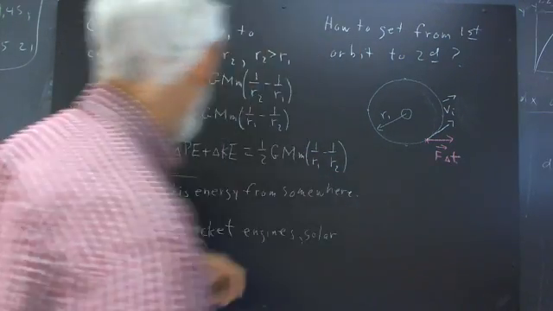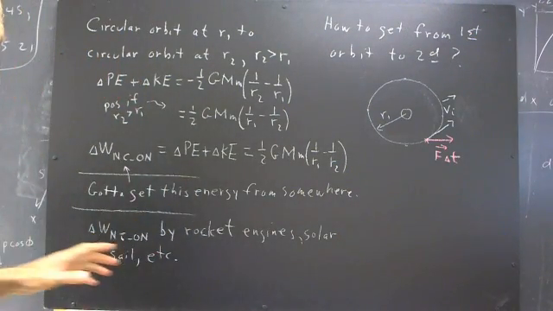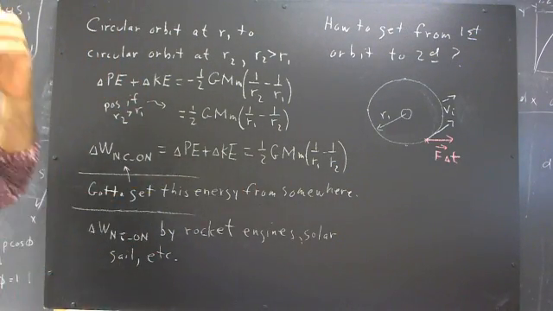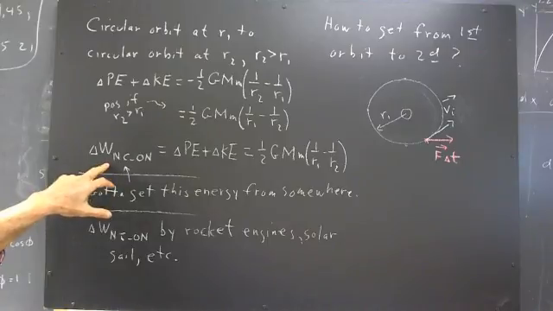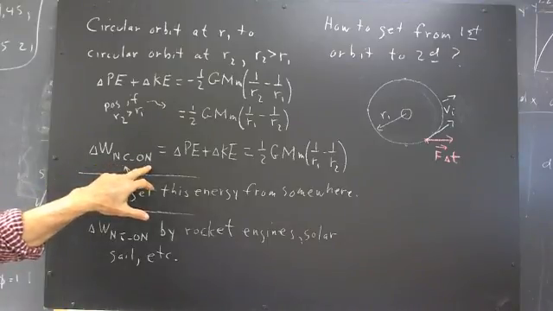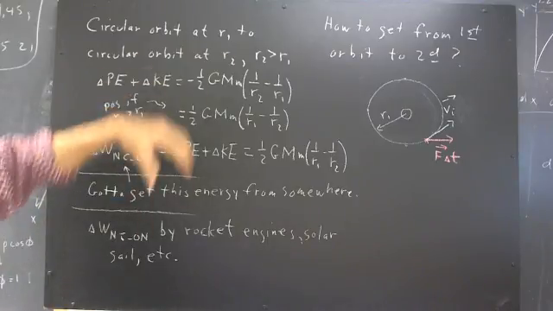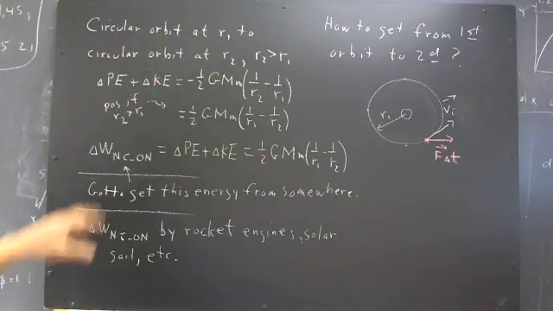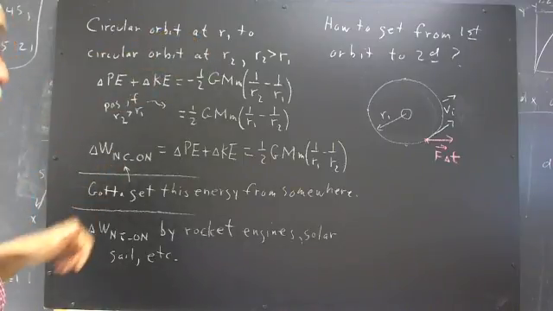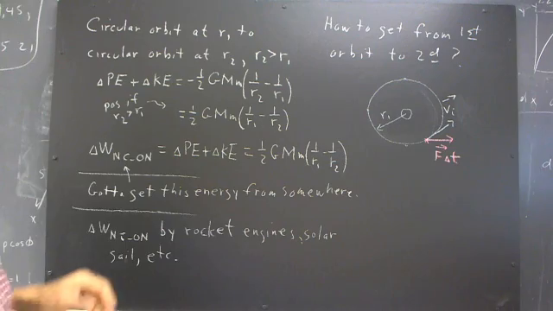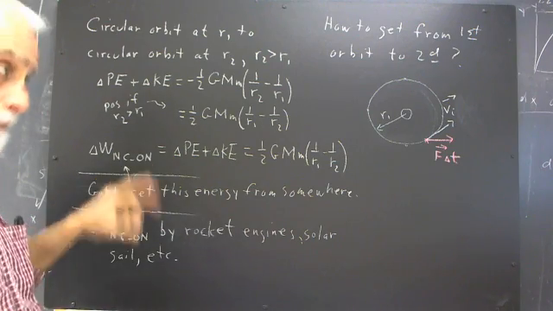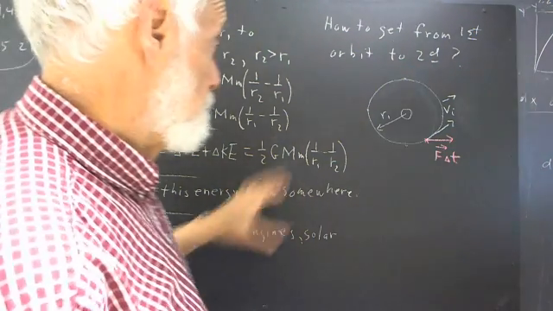Now, we've already seen that to get from one orbit to another, we have to have positive work done by a non-conservative force. If we're going to an orbit at a greater distance, we need a non-conservative force. The question is, how do we get that?